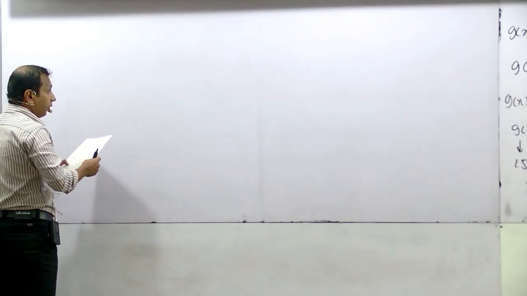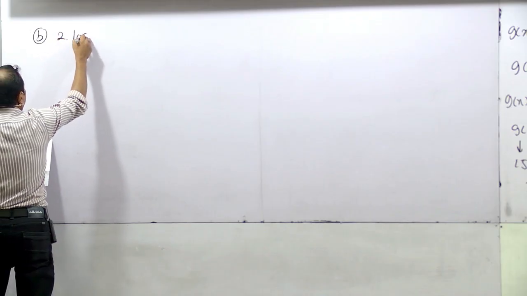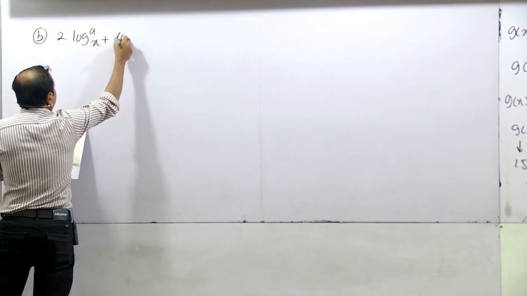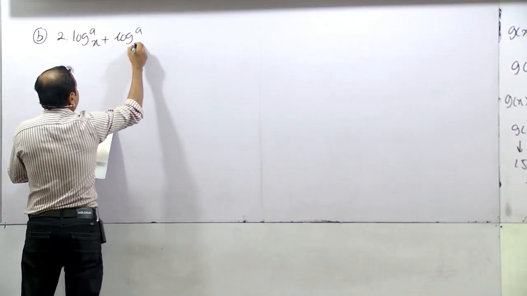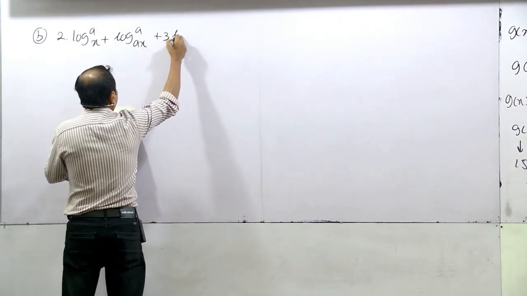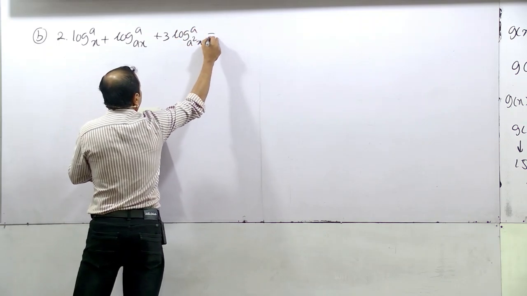Okay, given this, solve the equation. Part B: 2 log a to the base x plus log a to the base ax plus 3 log a to the base a squared x equals 0.